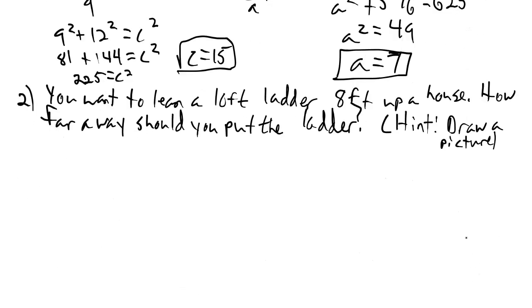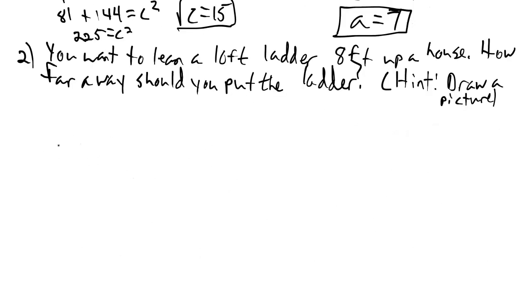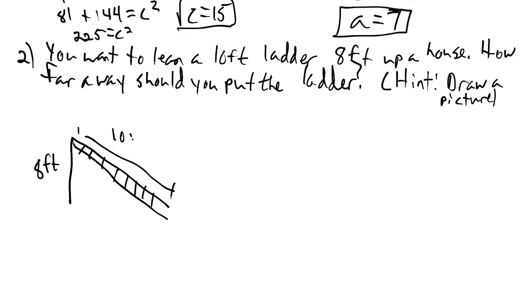Then finally, for this last one, now this is hard unless we draw that picture. So we have a 10-foot ladder. We're putting it up against an 8-foot wall. Let's draw that as a ladder. We know the ladder is 10 feet long. And we want to know how far we're going to place this away from the wall.